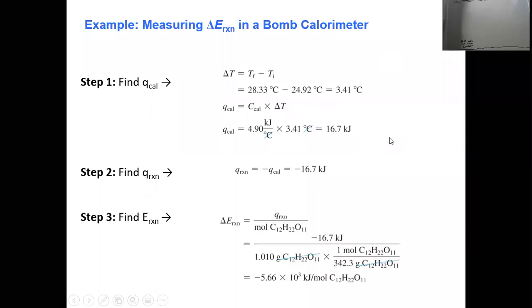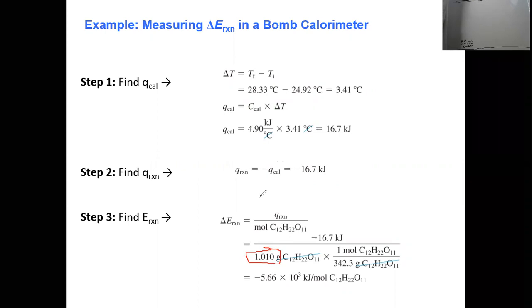Right? Now I need to find the E for my reaction. Well, this 16.7 kilojoules was true for 1.01 grams of the sucrose. Now I need to know how much heat would be given off per mole of sucrose.